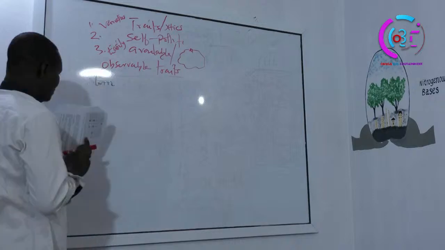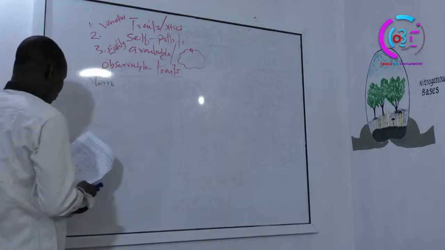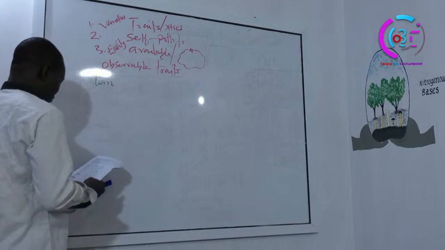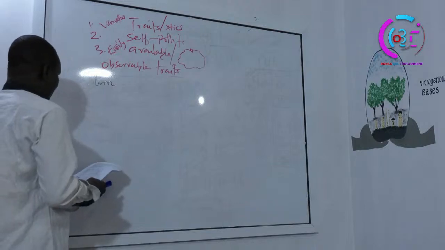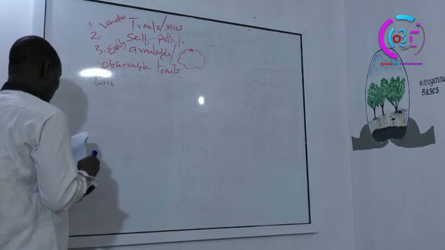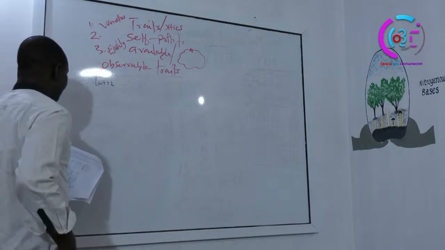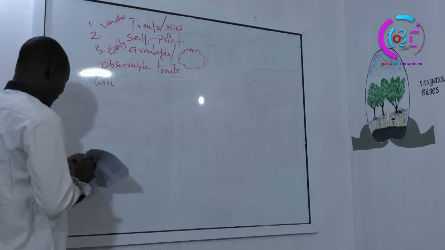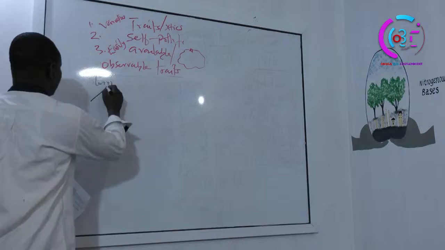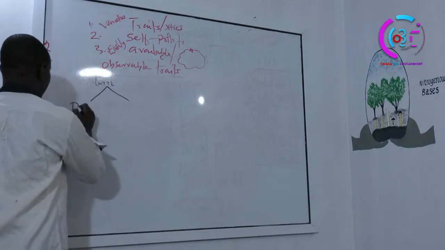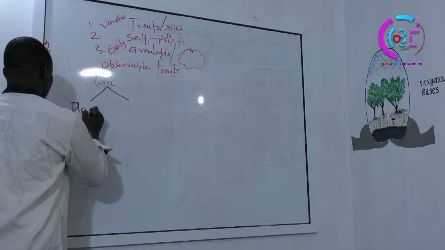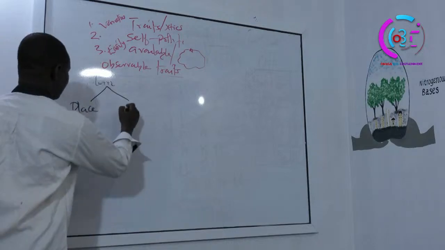There are two forms. The first one is the placement of the stem, then there is the size.